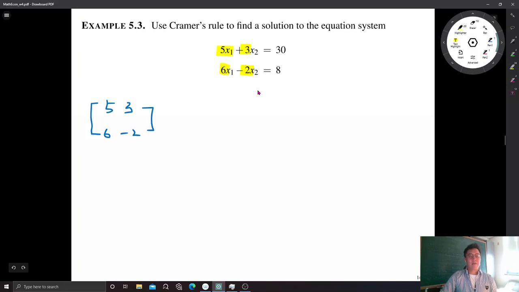Then I have a 2 by 2 coefficient matrix, the variable matrix, and the two constants on the right hand side. Let me call this the parameter matrix. All right, and then we are going to use the matrix inversion method to find the solution x1 and x2.